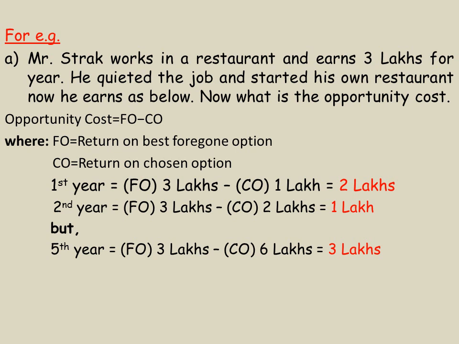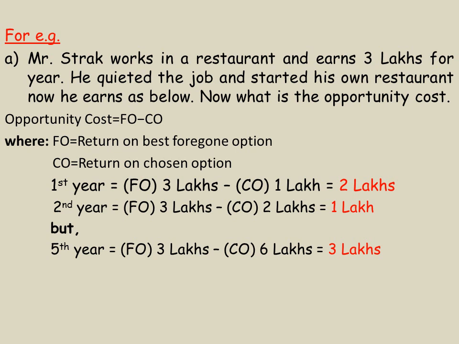The difference between 3 lakh and 6 lakh is 3 lakhs, which is the opportunity cost of the fifth year. Mr. Stock has an opportunity cost of 3 lakhs in the fifth year, because now he makes 6 lakhs as profit, but he sacrificed 3 lakhs. So what is the meaning of opportunity cost?